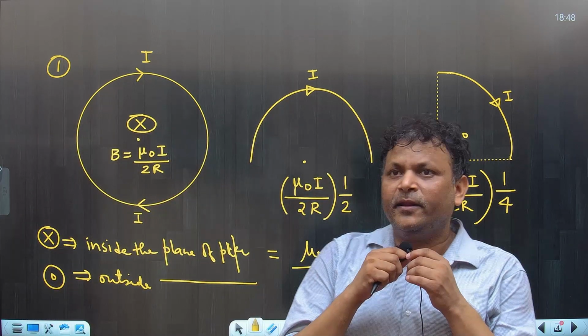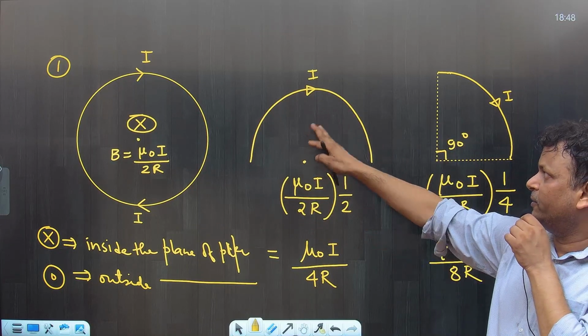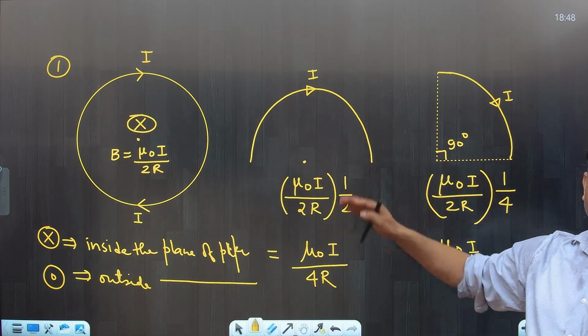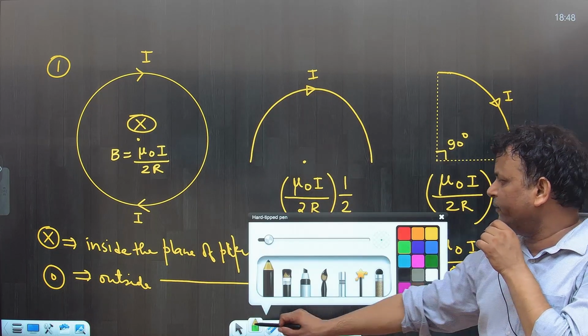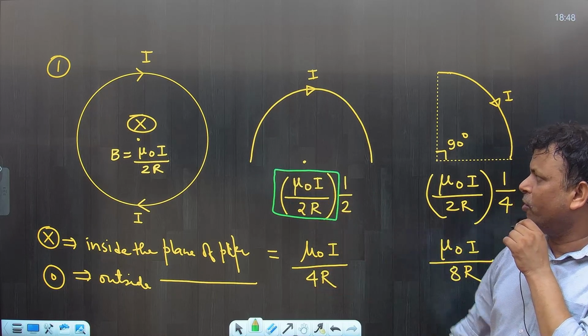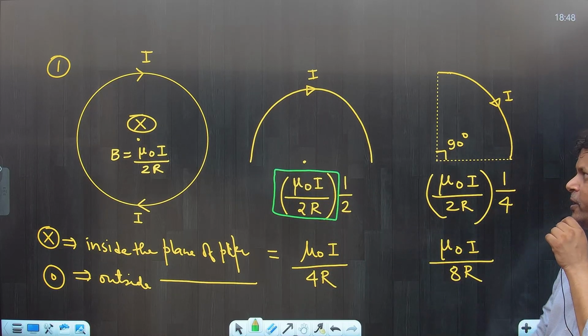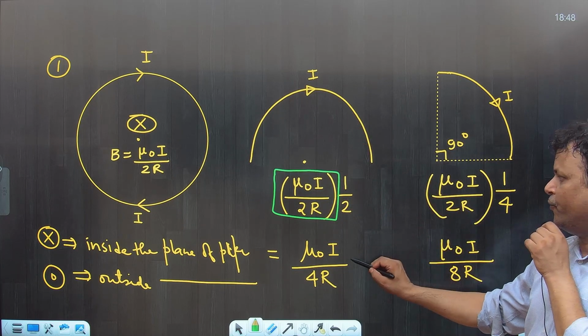When there is a half circle carrying current I, if there were a full circle it would be mu naught I by 2R, and the fraction half should be multiplied with this. So mu naught I by 4R.